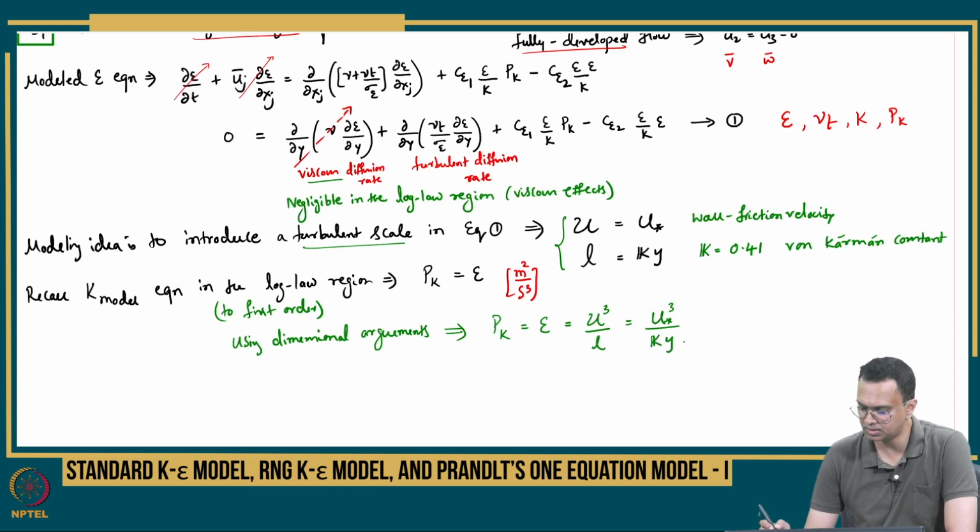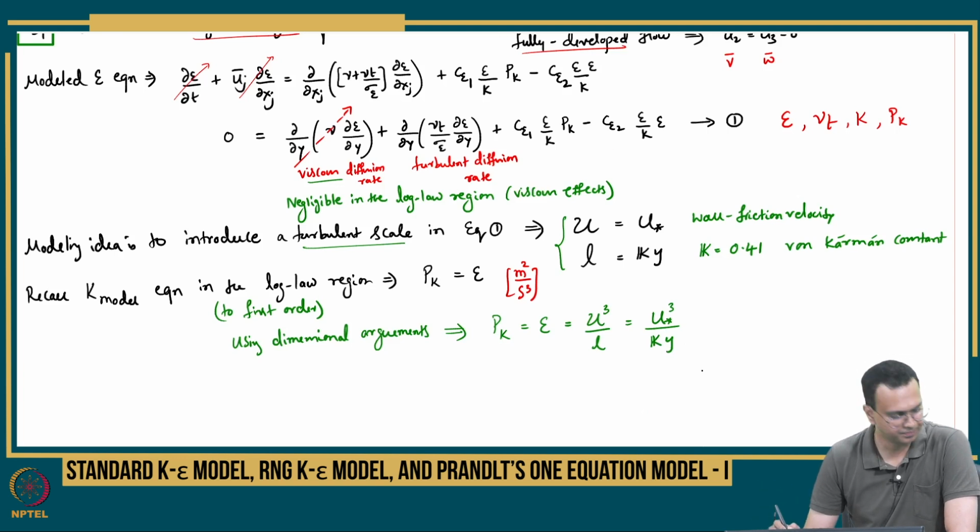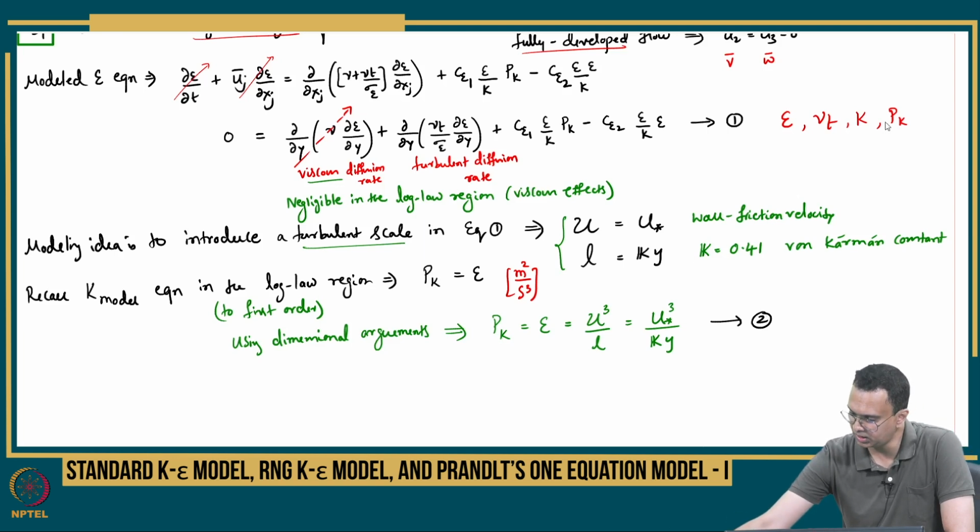So wherever I see pk and epsilon, I am going to use this. Let's call this equation 2. I am simply using some dimensional arguments here and introducing these two scales. Now pk and epsilon are done.